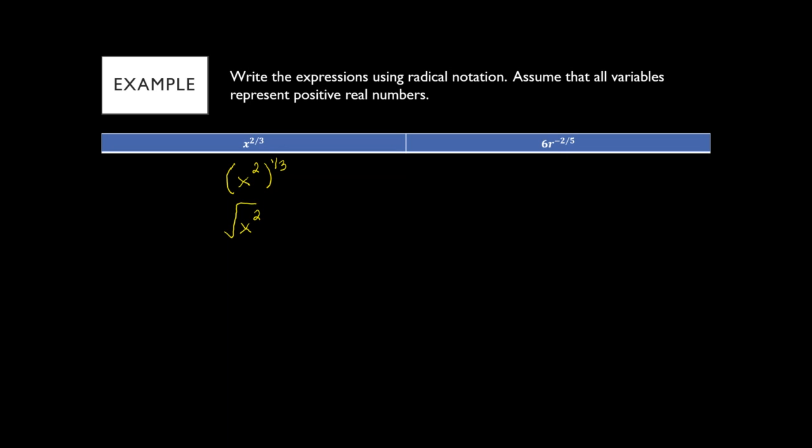But this is going to be x squared, and then you can write it as the cubed root of x squared. And when you're entering these into ALEKS, there is a button specifically for different roots, so make sure you click the right button so that you can put these in correctly.